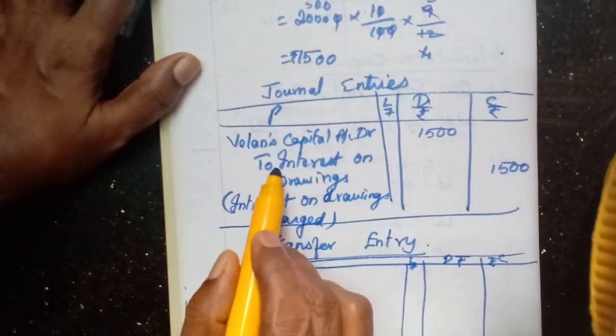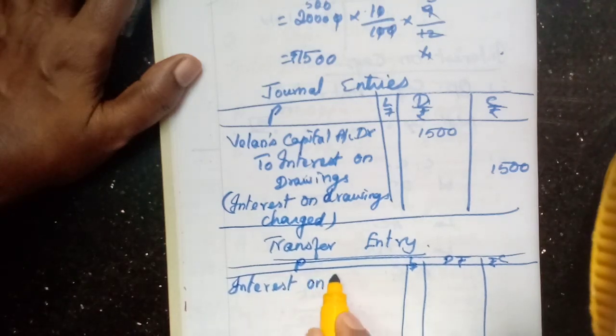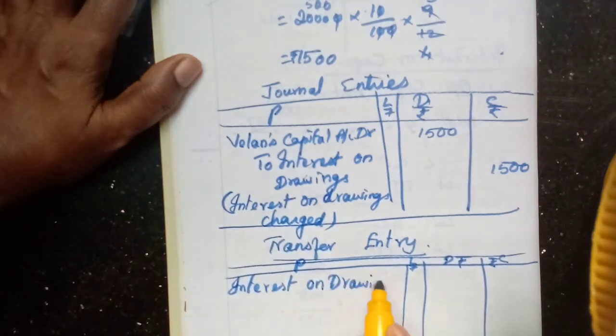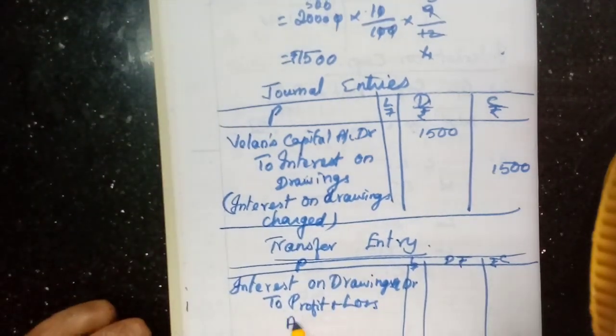Now interest on drawings is credited, so we should debit. Interest on drawings account debtor, to profit and loss appropriation account.